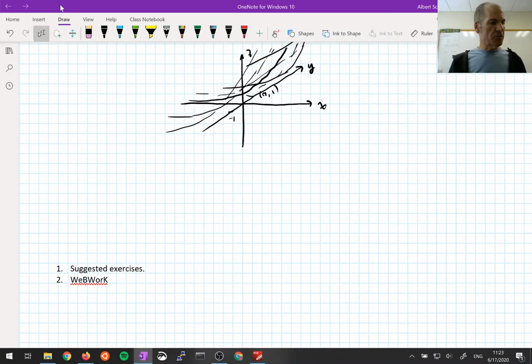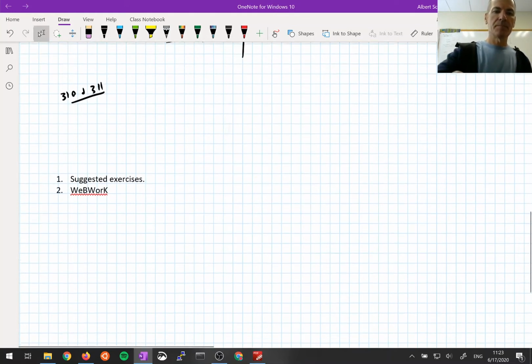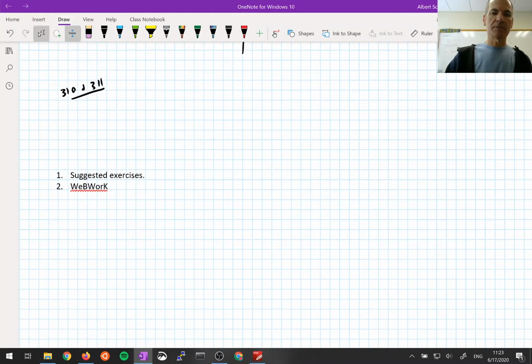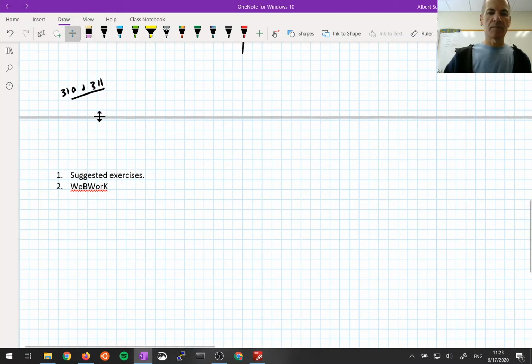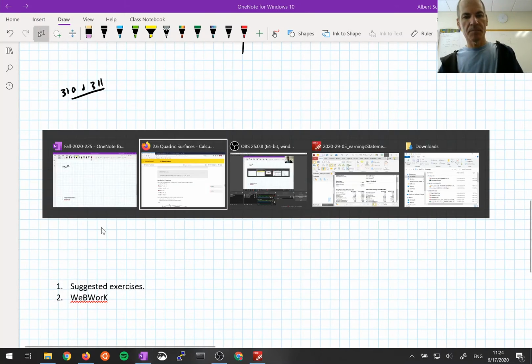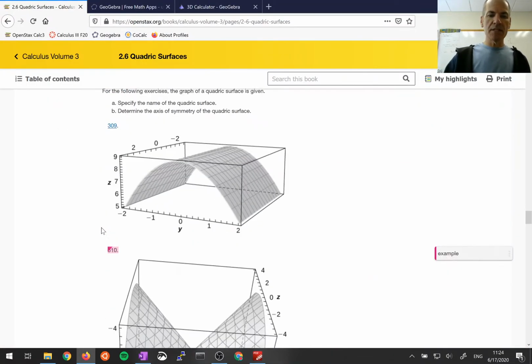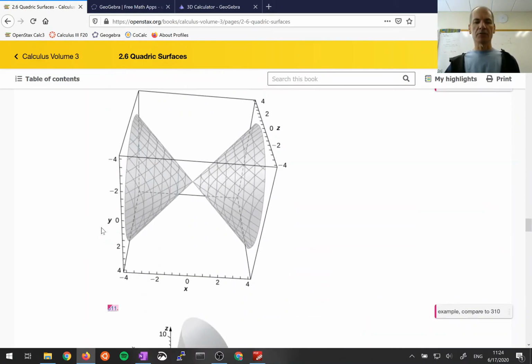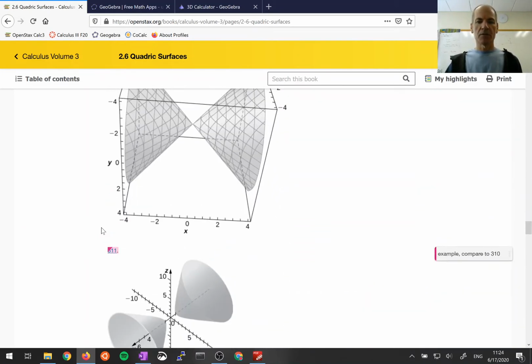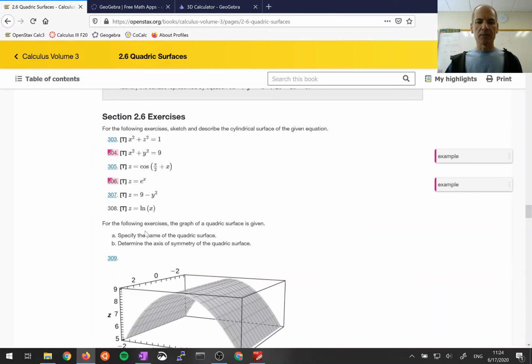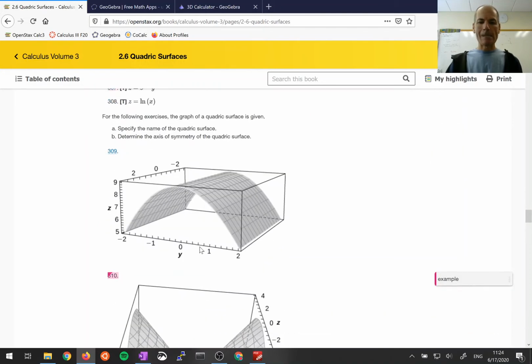So that's 306. I'm going to group 310 and 311 together because they're related. And let's grab a little bit of space here. For 310 and 311, we're given a couple of surfaces, and we're asked to specify the name of the quadric surface and determine the axis of symmetry of the quadric surface.